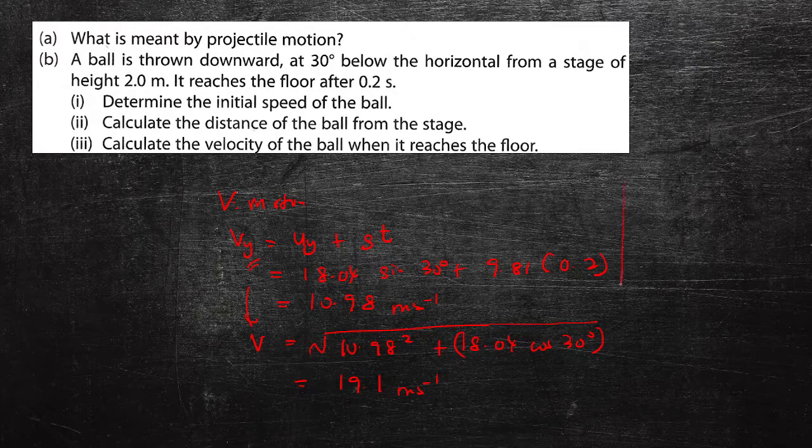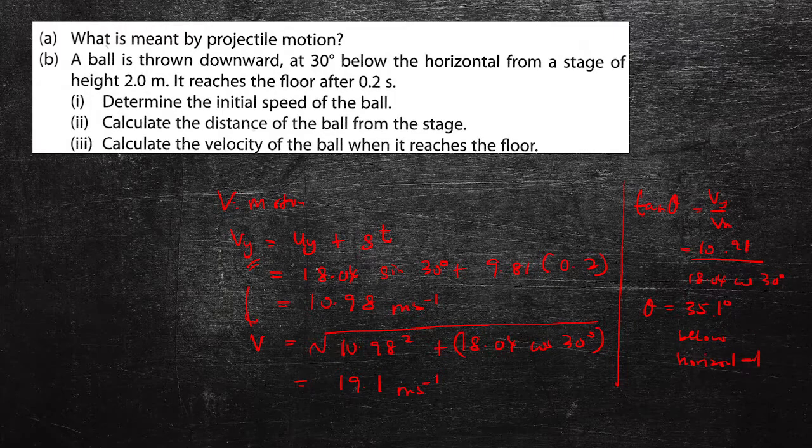How about the angle of projection? Tangent theta equals vy over vx, which equals 10.98 divided by 18.04 cos 30 degrees. Then the angle will be 35.1 degrees below horizontal.